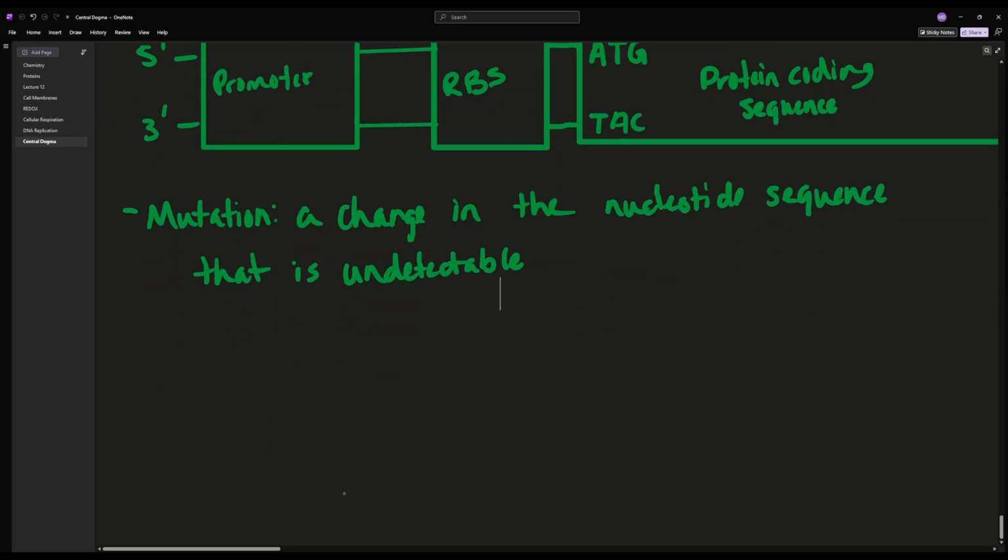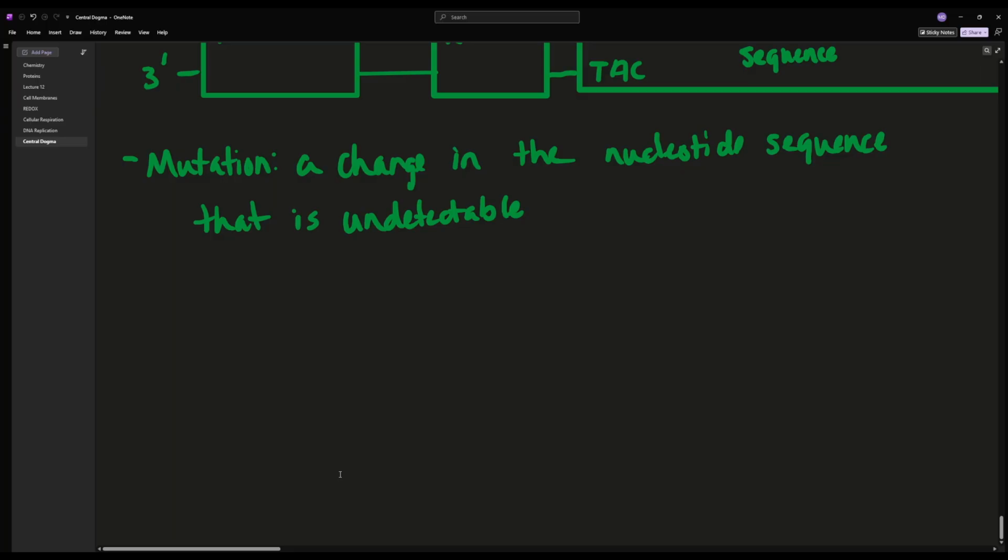What I mean by this is some mistakes, like let's say DNA polymerase accidentally lays down a T when the template said a G. That would be an error in replication, and that can be detected because the hydrogen bonds don't match up.